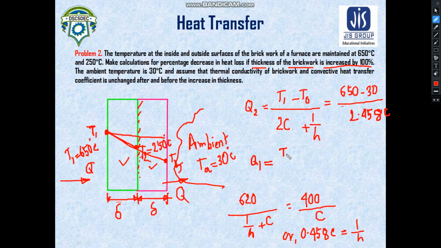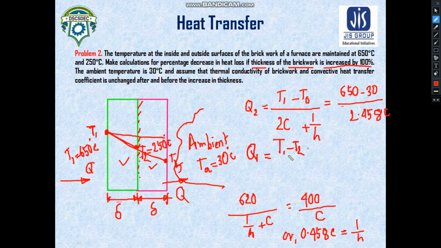It would be like this: T1 minus T0 divided by C plus 1 by H. It was like this, if you remember. So in that case, I'm very sorry here, in the previous case, the formula can be written in this format also.